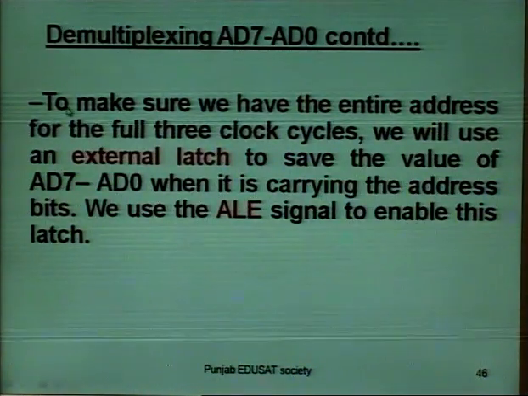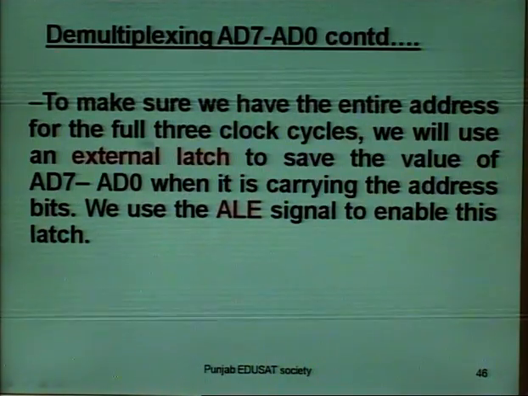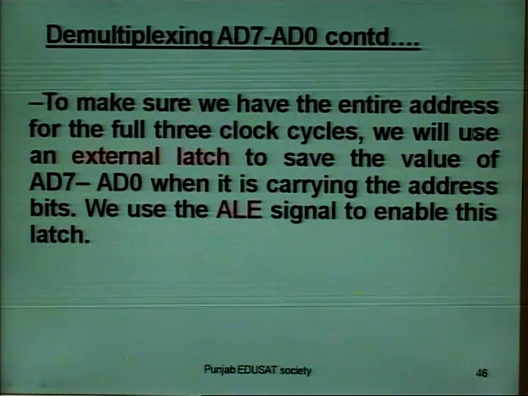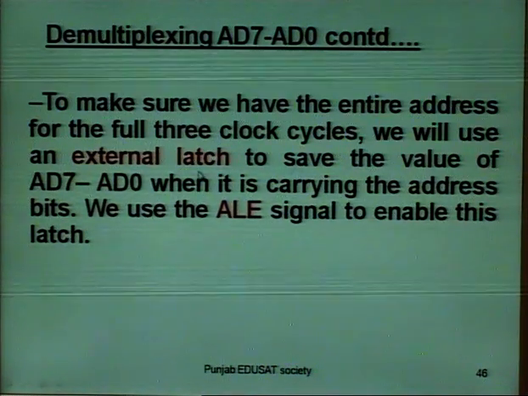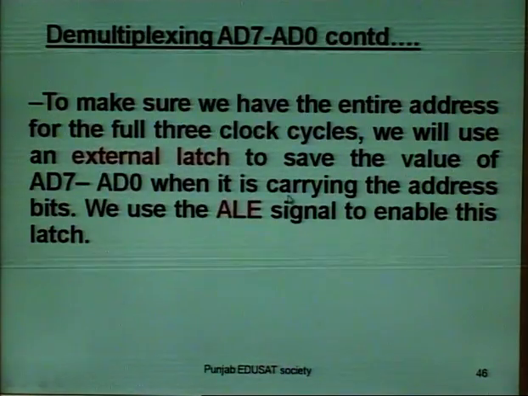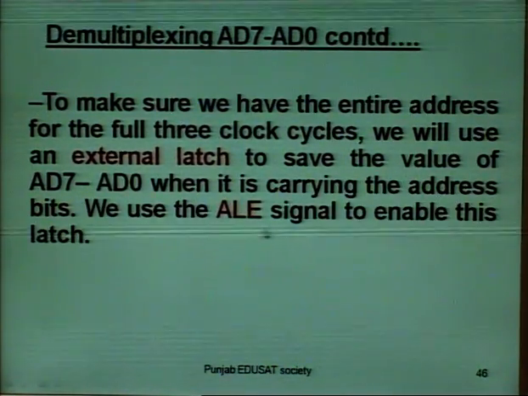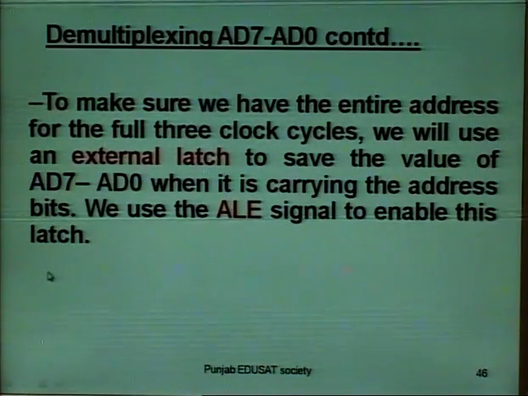Demultiplexing. To make sure we have the entire address for the full 3 clock cycles, we use an external latch to save the value of AD0 to AD7 when it is carrying the address bits. We use the ALE signal, address latch enable signal, to enable this latch.